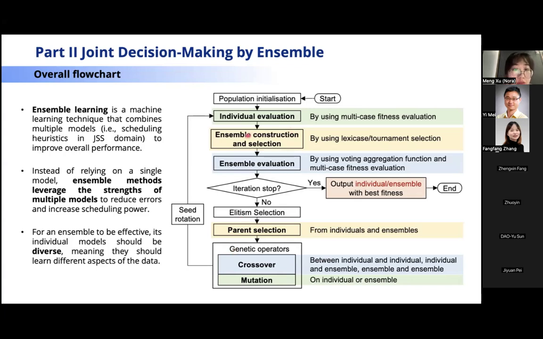As we can see from this flowchart, we also have the population initialization process. But differently, this process will not only initialize some individuals of scheduling heuristics, but also initialize ensembles of scheduling heuristics. So first, we randomly generate some individuals, and then we do the individual evaluation by using the multi-case fitness evaluation.